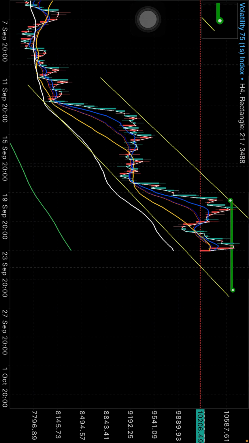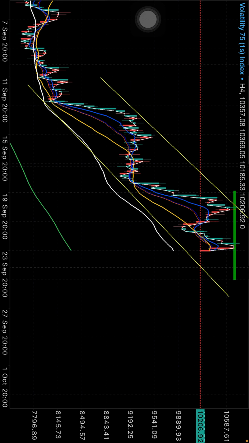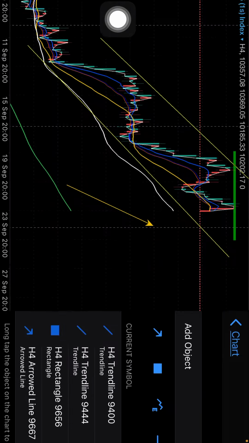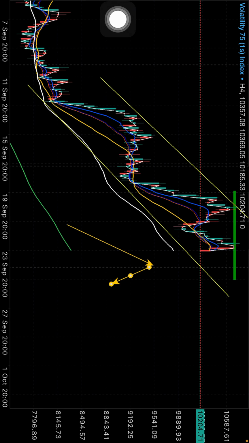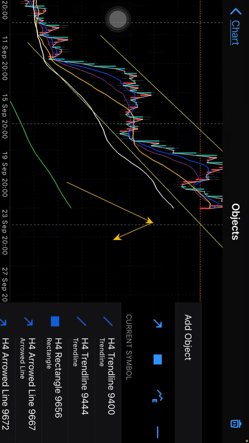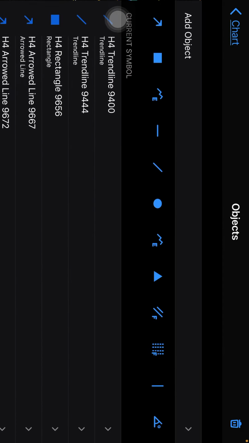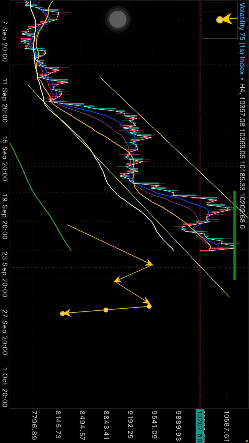The reversal patterns are the double top, which is this M. So the market is now forming this pattern. Reversals are double top, double bottom, head and shoulders.